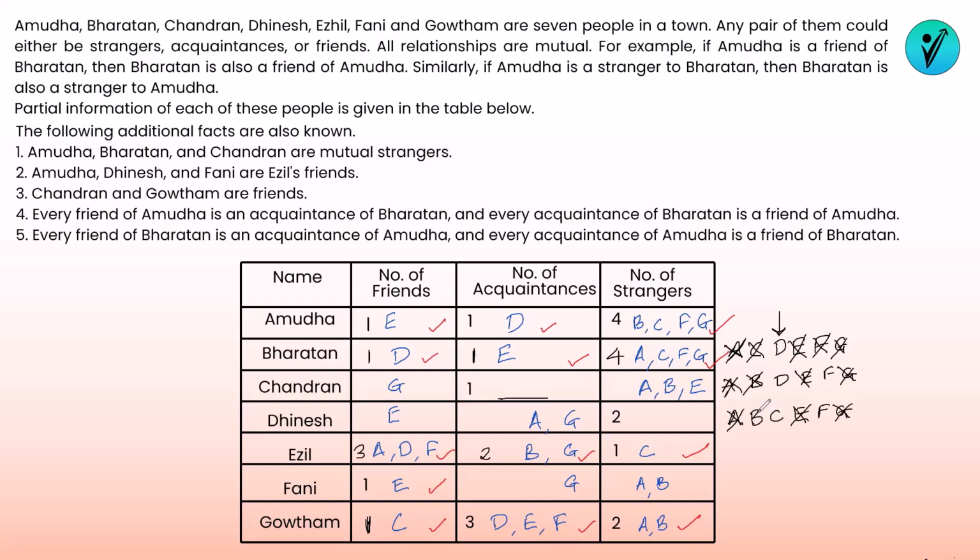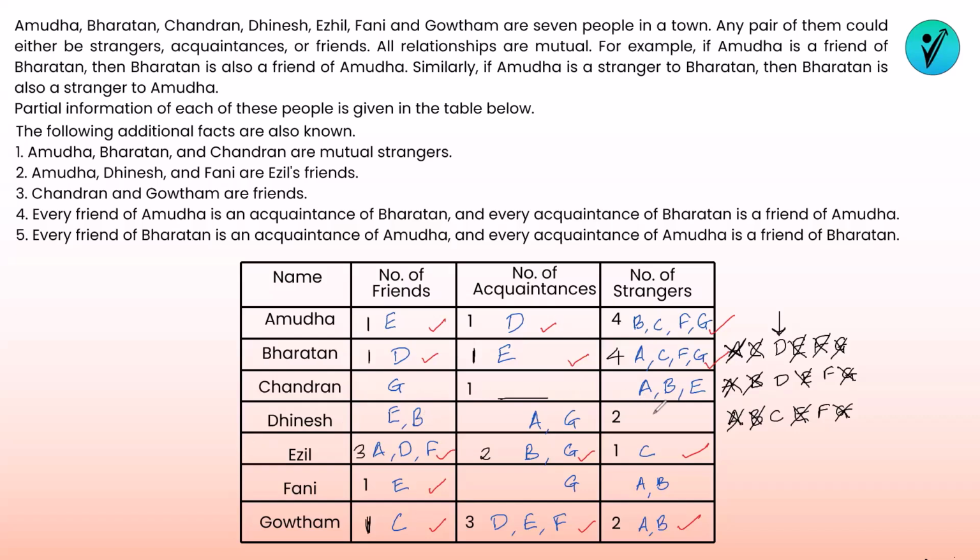So B cannot be a stranger to D. Can I have C? Yes, I can. Can I have F? Yes, maybe I can. Since we have cancelled out B from here, we also know that B and D are friends. So D and B have to be counted as friends, which is why I will be writing down B's name as a friend of D.